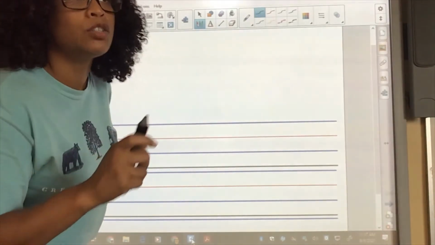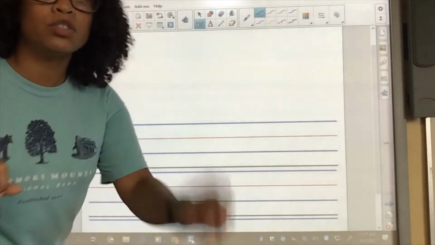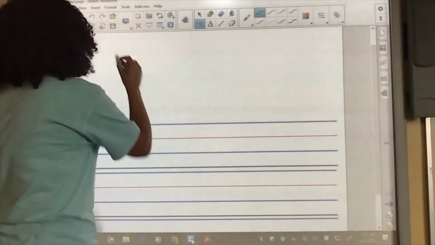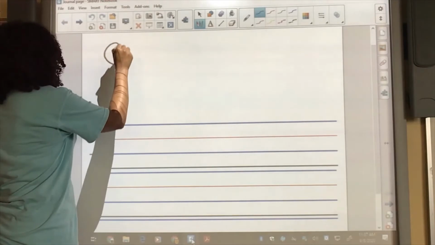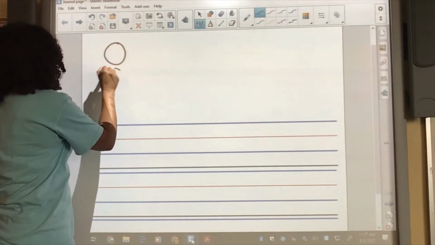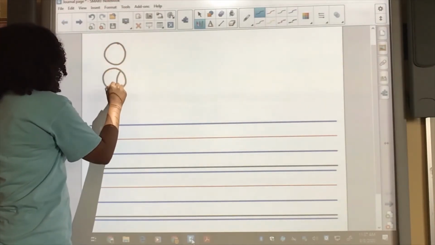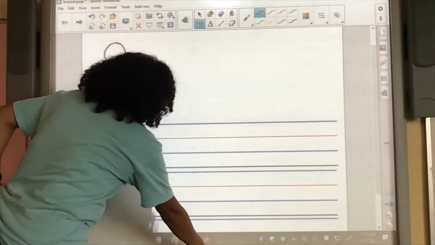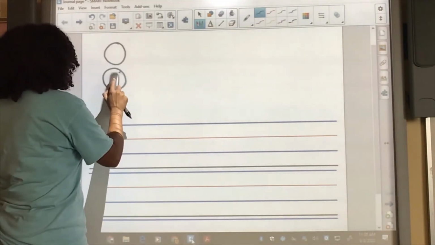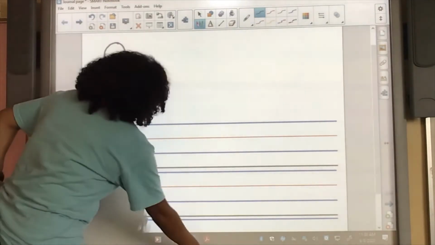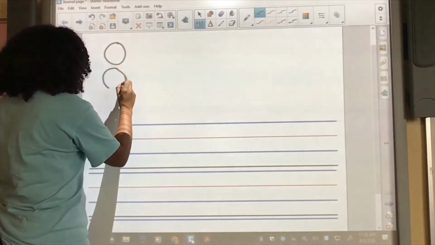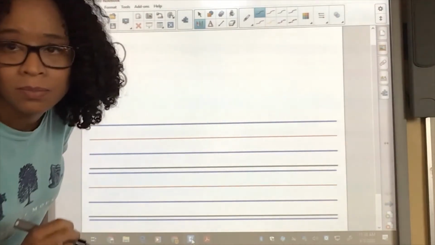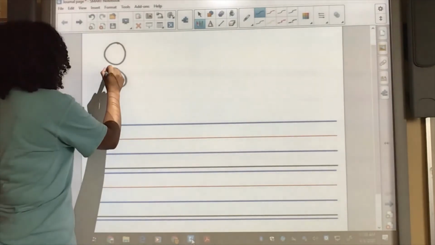And let's illustrate 2 beach balls. So here we have 1 and 2. And then beach balls are actually usually different colors. So I'm going to add some colors to my beach ball.